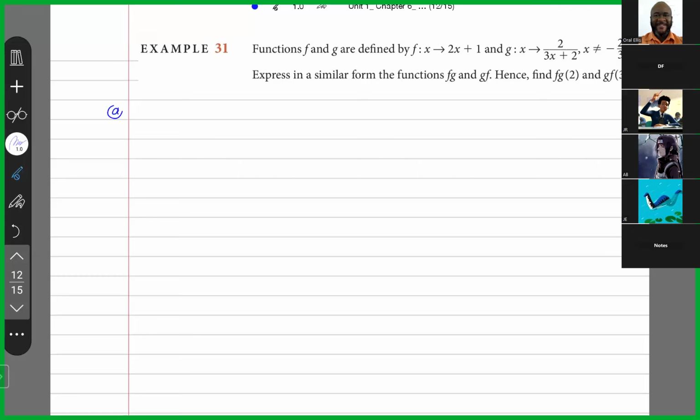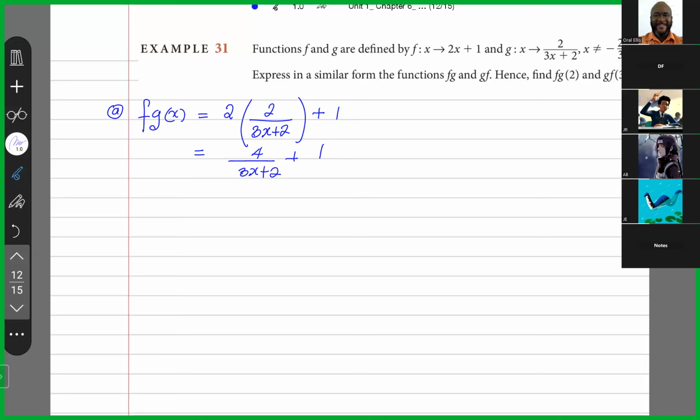Let's call this part A. f of g of x is a composite function in which the range of g is the domain of f. So in f, wherever I see x, I'm going to take out x and put g, plus 1. So this essentially works out to be 4 over 3x plus 2, plus 1.